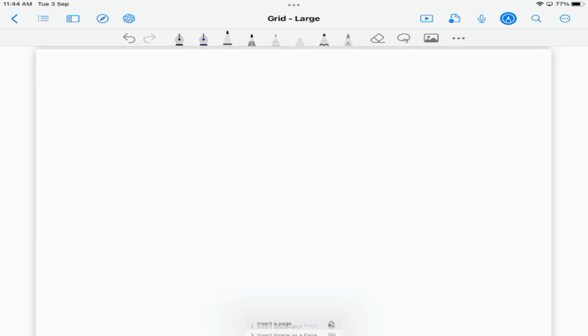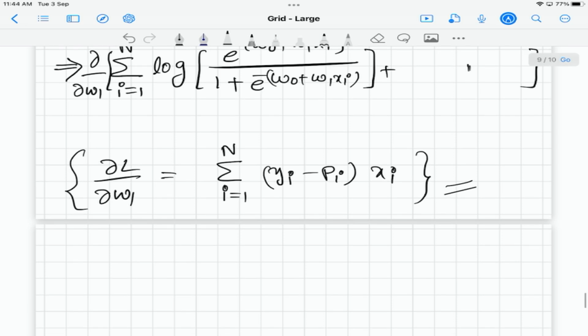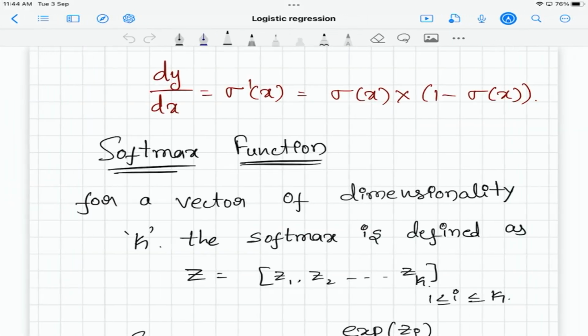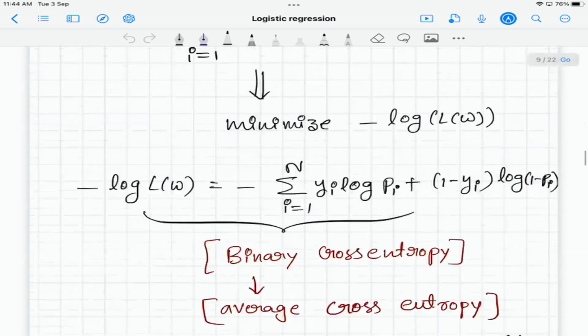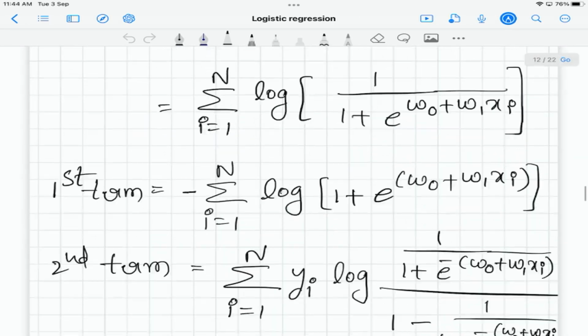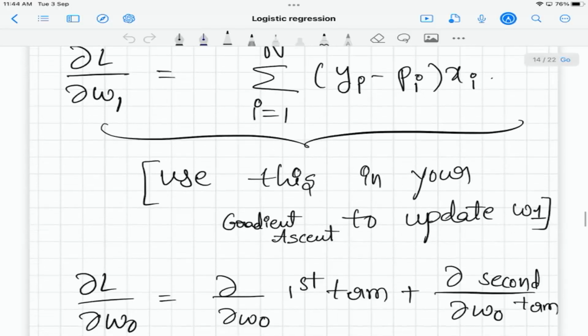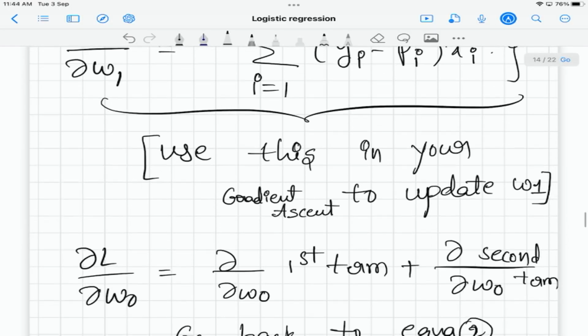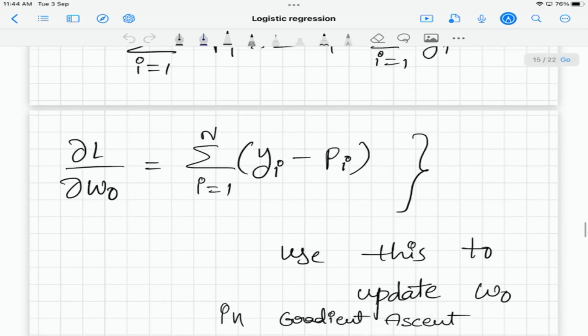Fine. So this is for one dimension, and your dou L by dou W naught also, I think you will not have your xi term, you will get something like this. Maybe I'll just show you the end results. So this is the result that you will get for your W1, and this is the result for your W0.